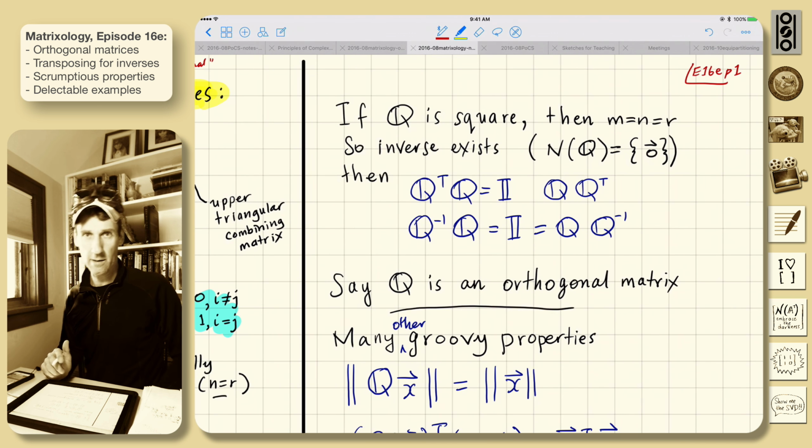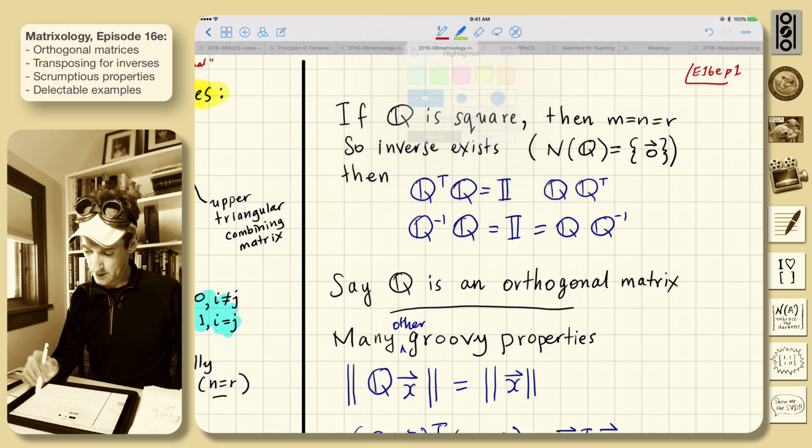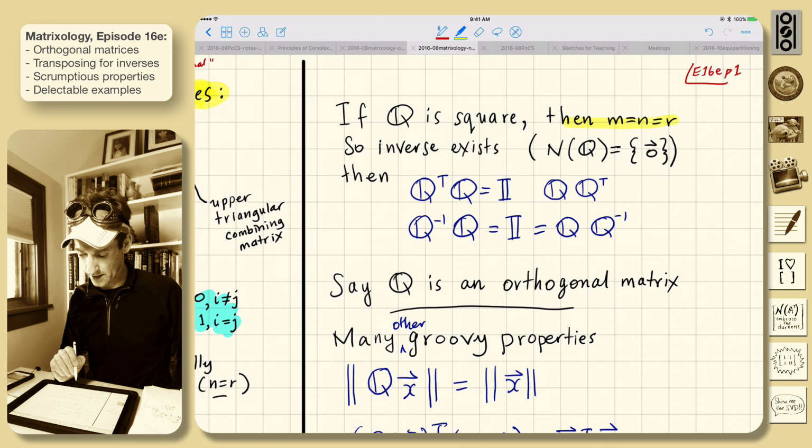But in fact, if Q is square, there's a couple of things we can do. If Q is square and m equals n equals r, the inverse exists, which means the null space of Q is equal to 0. Full rank.